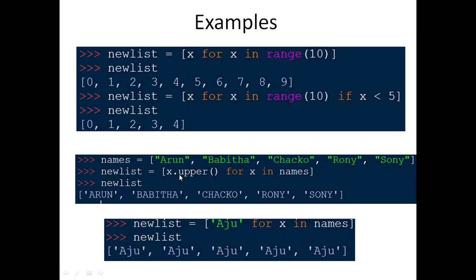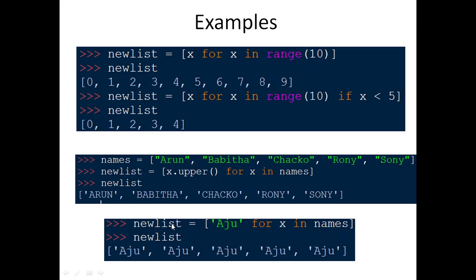It will convert to uppercase. So the new list will contain x.upper, which means we will take each and every x from the names list and it will be converted to uppercase. So the new list will be all the names in capitals. This is another example where we are including an expression, and this is the iterable.